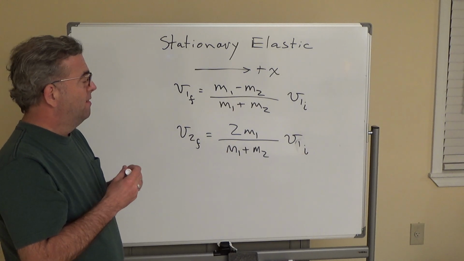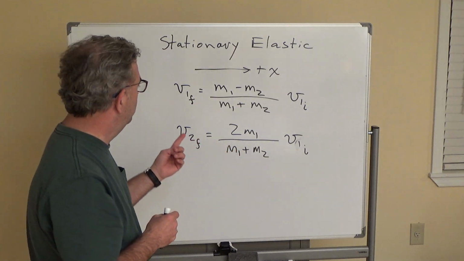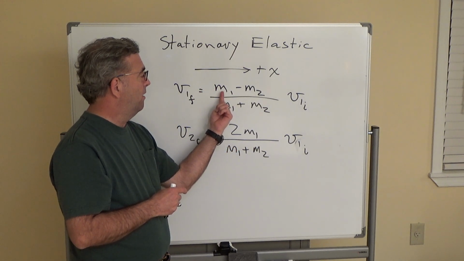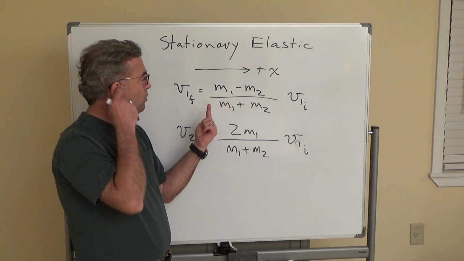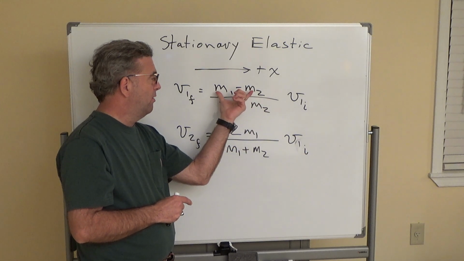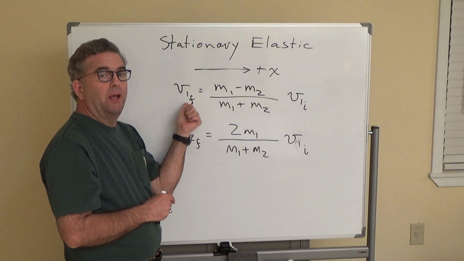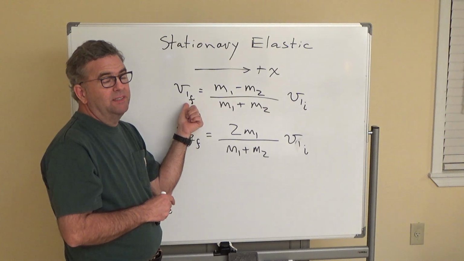Okay? Then I had the case where M1 is greater than M2. Look what happens there. If M1 is greater than M2, then you have a positive numerator here times a positive V1 initial. You get a positive V1 final. That's exactly what we saw.